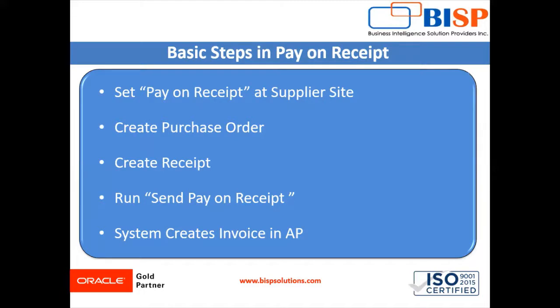After that scheduled process, the system creates the invoice automatically in accounts payables, right? Let's move on to the application. First of all, we enable this supplier side functionality, pay on receipt. After that, we will create the purchase order and receipt and perform the scheduled process job in our application, right?